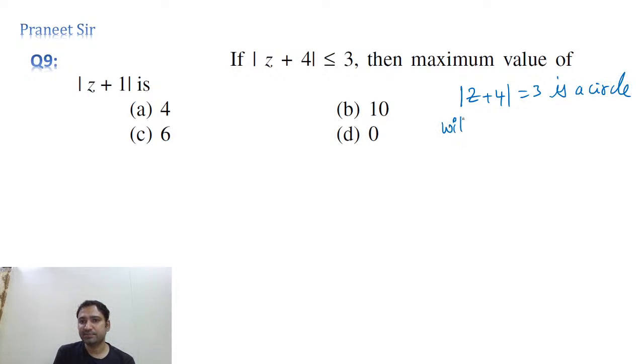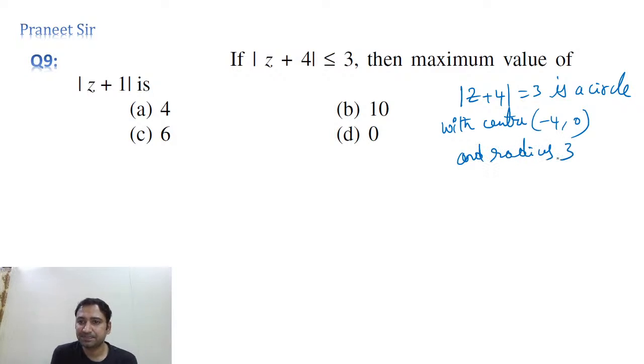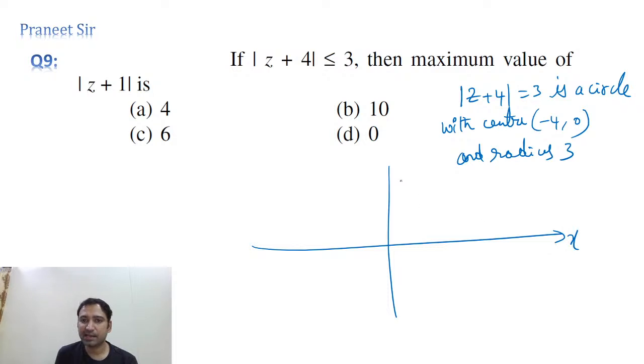With the center minus 4 comma 0 and radius 3 units. Correct. So let's draw the graph of this. This is the real axis and this is the imaginary axis.